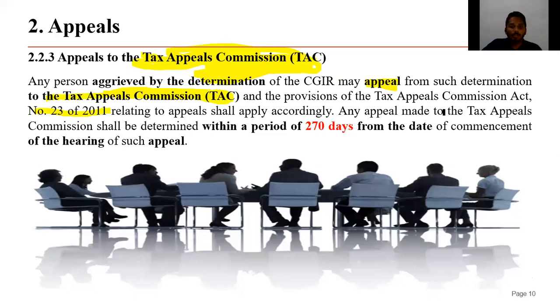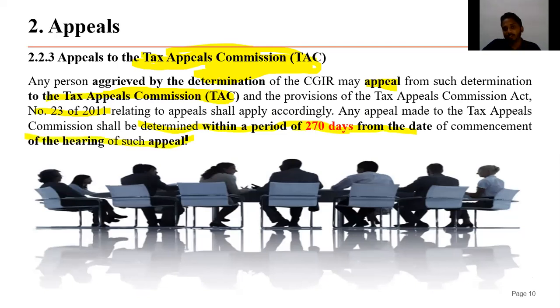The appeal made to the Tax Appeal Commission shall be determined within 270 days from the date of commencement of hearing of such appeal.